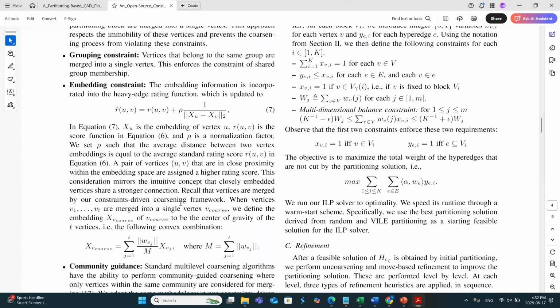And the weighting is basically, in our context, it's not clear that we would have different weightings, but they can have nodes that have different sizes essentially, right? So they compute the new embedding of the merged block as just the weighted average of where all the components were in vector space.